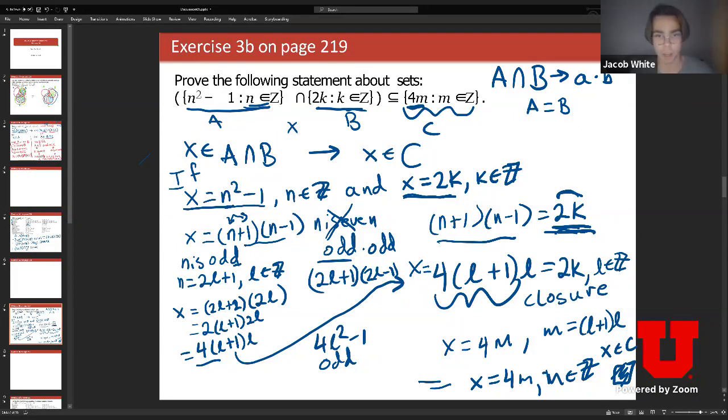But can you not use even for the second case because the first one didn't work out? Yeah, so we're not using this n is even case because it didn't work for the first one. Yeah, this won't work over here. Okay, gotcha. This is an odd number. You know, we can't have an odd number equaling an even number.